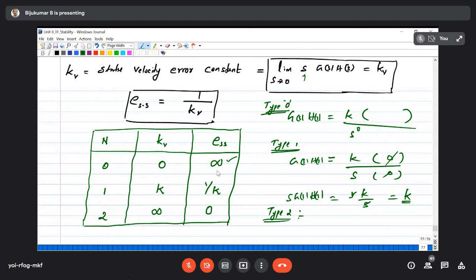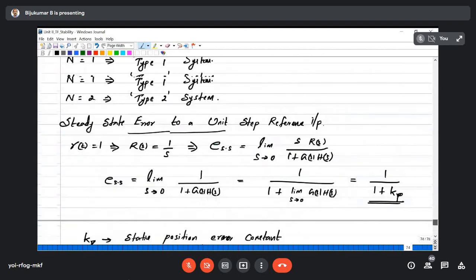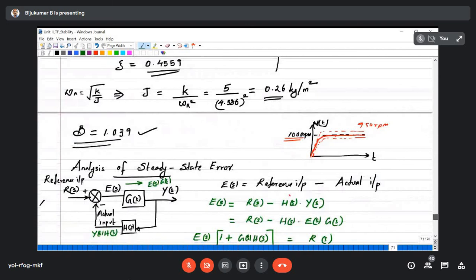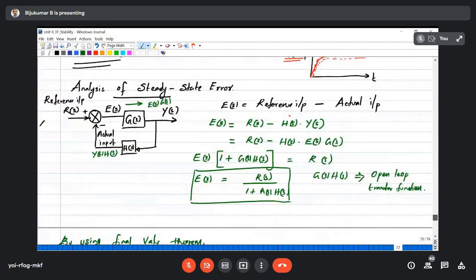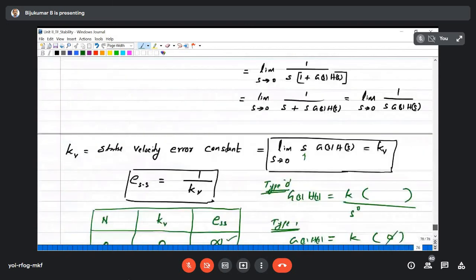If I want to track a signal that goes like a ramp and I use a type 0 system, my steady state error will be very, very high. If the type is 2 or more, the steady state error is very low. That is the meaning. Clear? Hope you understood the concept of steady state error. Anyway, today we will wind up here. We will continue tomorrow. By then you will know the importance of this.